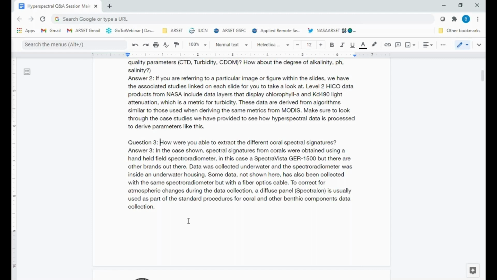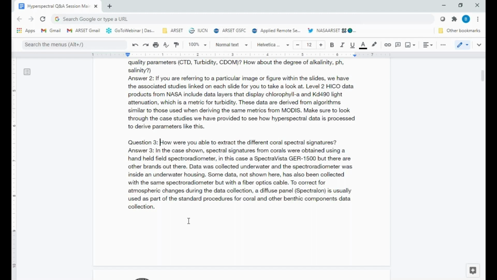This particular data was collected underwater. The particularity, I would say, of the GER 1500 is that it has an underwater housing, custom made by the company, where you can bring the instrument underwater up to about 150 feet of water, and then the data was collected underwater with the spectroradiometer, as I said.